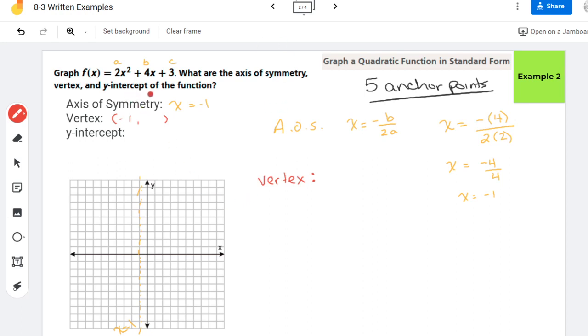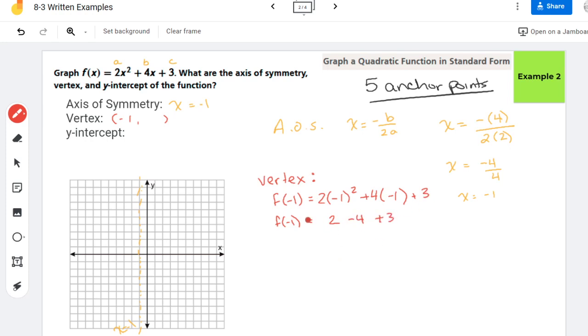To find the y value, I'm going to take that negative 1 and plug it into the function, so everywhere there is an x, I put a negative 1. On the first term, negative 1 squared is a positive 1, times 2 is 2. For the second term, 4 times negative 1 is negative 4.